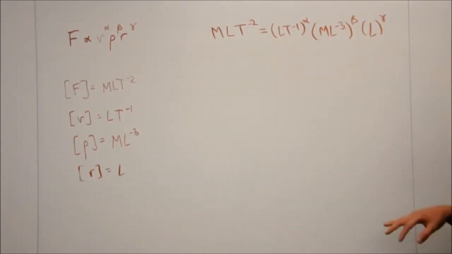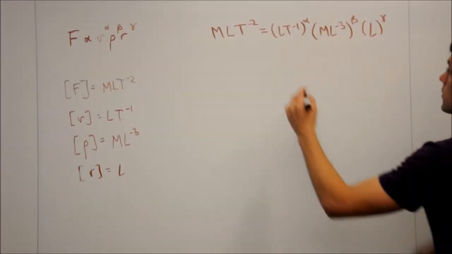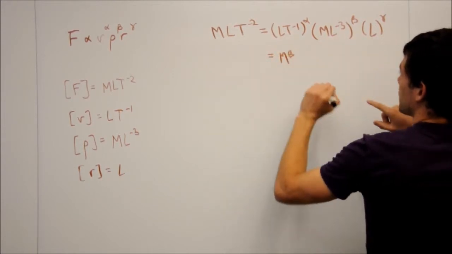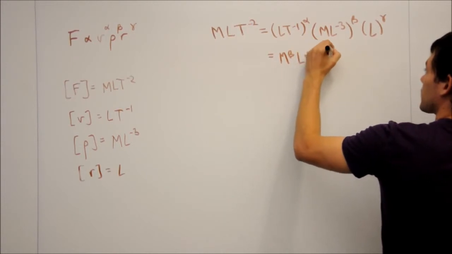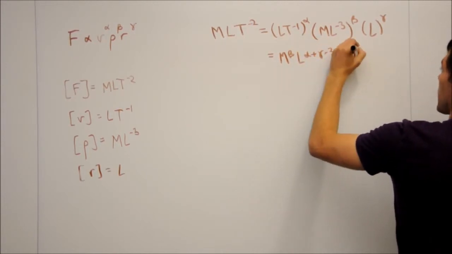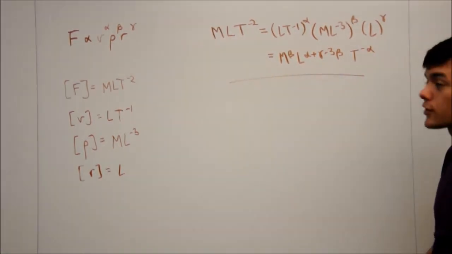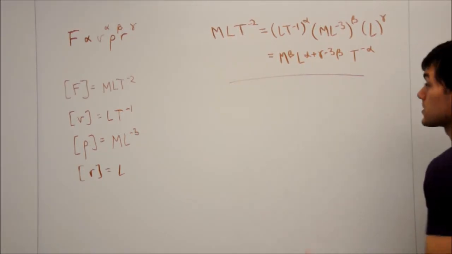And now we're going to group these terms a little bit more intelligently so that we can compare the powers from the left side to the right side. So first we're going to take mass to the beta, length to the alpha plus gamma minus 3 beta, and then time to the minus alpha. And right away, this is going to give us three equations just by comparing the powers of each term and making sure they're the same.